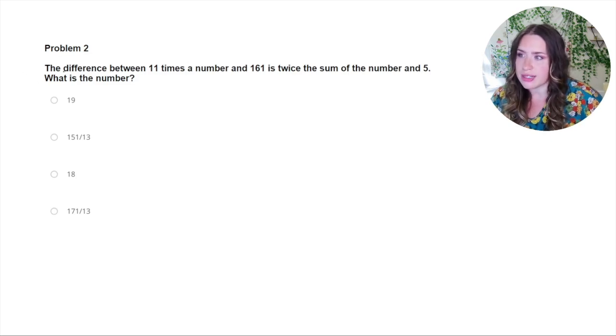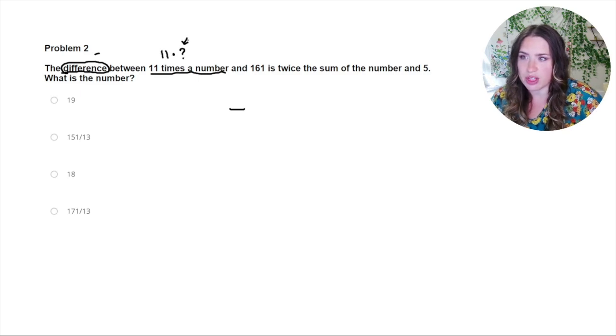So the difference. Difference is a key word to tell me we're going to be subtracting. So I'm just going to put a subtraction sign kind of in the middle, and we're going to build around it. The difference between, okay, so it's going to set up the two things we're subtracting. 11 times a number. So that would be 11 times an unknown number.